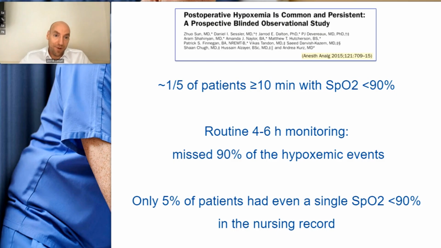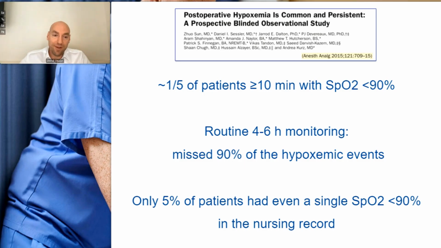It's very shocking that about 1/5 of patients had more than 10 minutes with an SpO2 of less than 90%. And it's even more shocking that our routine spot checks at 4 to 6 hour intervals would have missed 90% of the hypoxemic events.